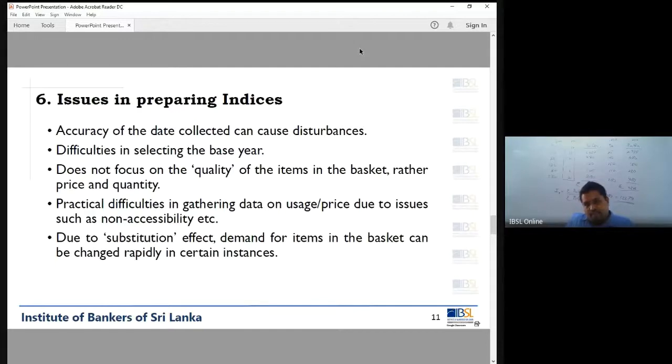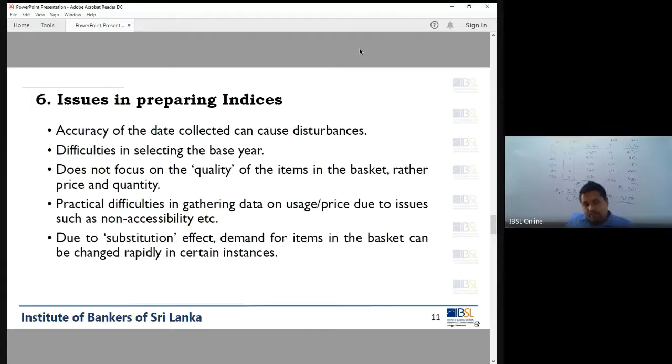It could be government employees or other parties who explore price changes from one point to the other by using a set of tables and accessing the points where prices are published, like supermarkets, different markets, retail shops, or wholesale shops. They have to visit these places, get the prices and report them back to the Department of Census and Statistics in Sri Lanka.